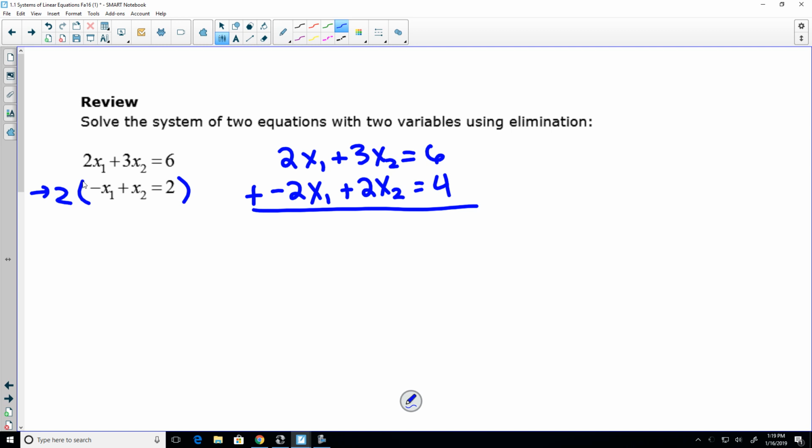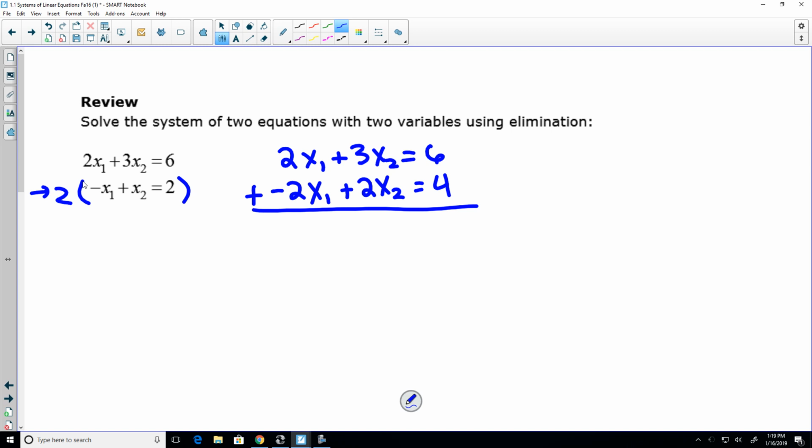No. So it's a different system, but it has the same solutions. That's what we want. So this system is not the same system, but whatever solutions it has, if it has any at all, that hasn't changed because of what we did by multiplying one of those equations by 2.